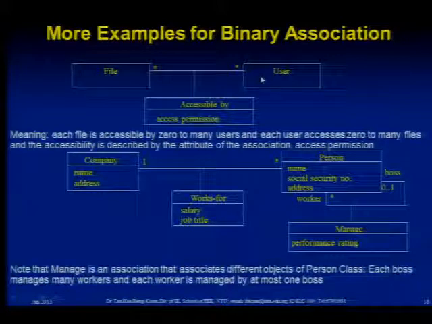Each user can access 0 to many files. And the asterisk here means 0 to many. This asterisk means, again, each file is accessible by 0 to many users. So always refer to objects of other classes.